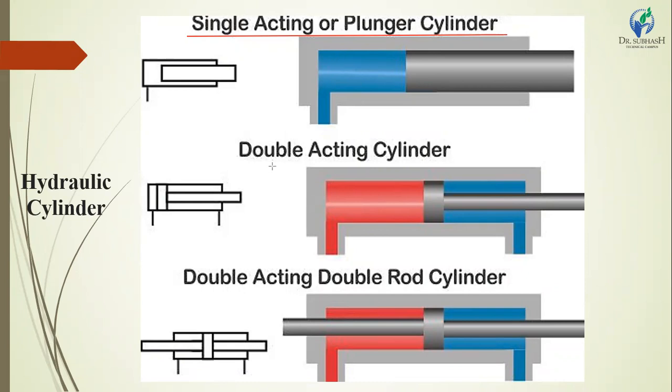This is the working area we have to mention here, only one side of the cylinder. It works only on one side, and the other side of the system is open to atmospheric condition. And this point is mentioned as the input of the cylinder.